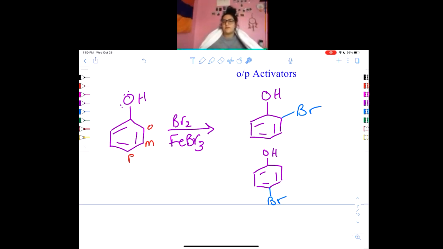Yes, that's a great reasoning, but I also want you to consider which spot would be less sterically hindered, ortho or para? Para, exactly. So those two factors cancel one another out, and it essentially ends up being a 50-50, and these are both equally likely to occur.